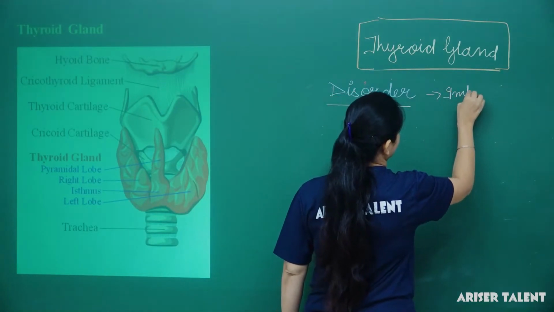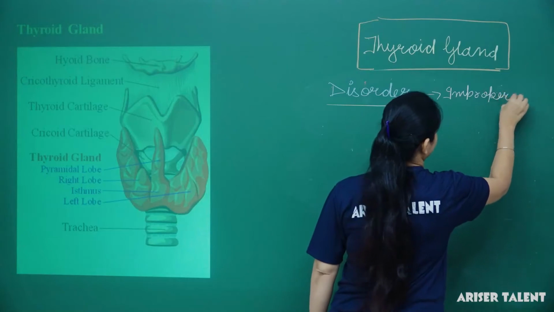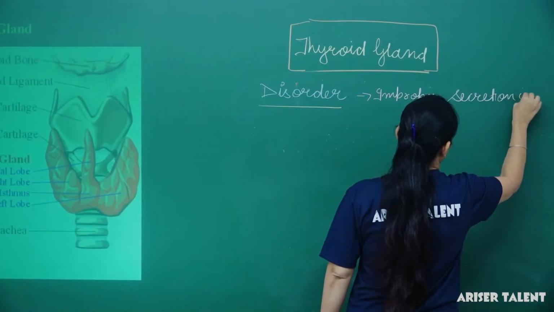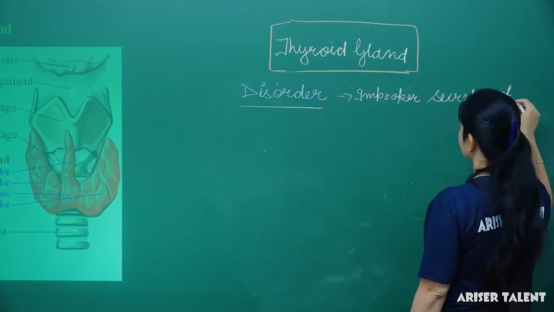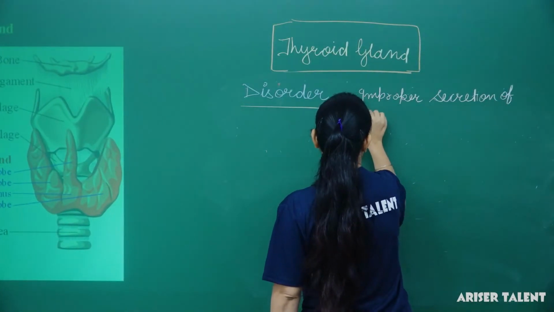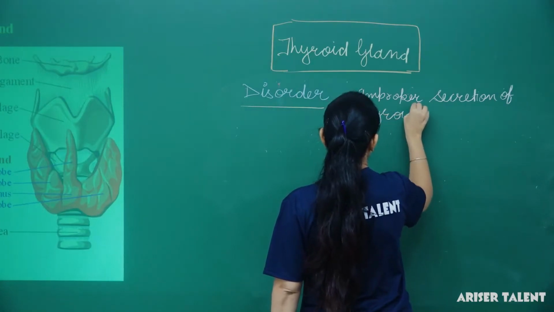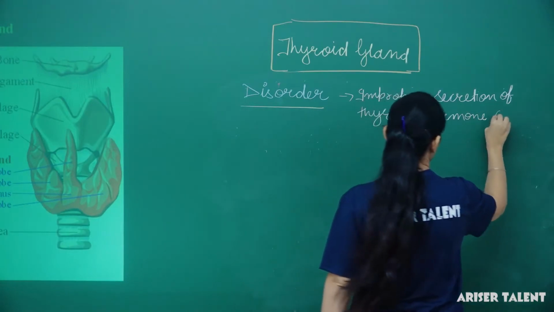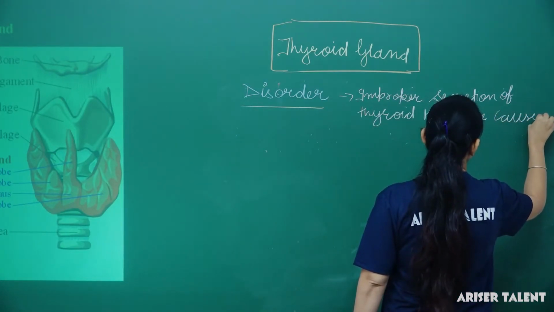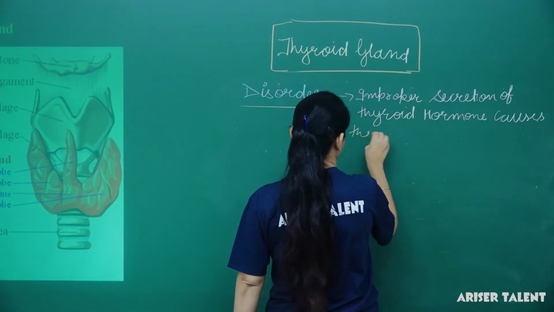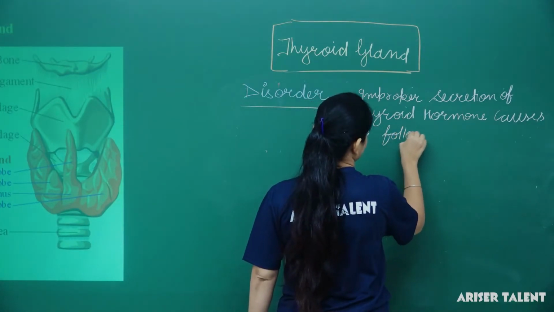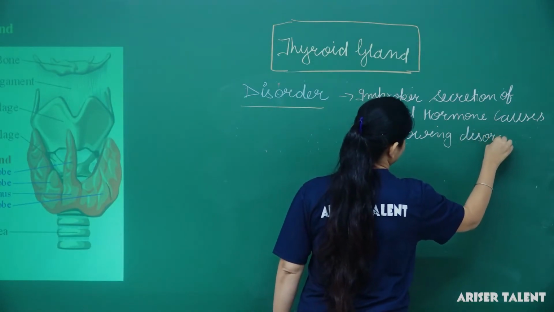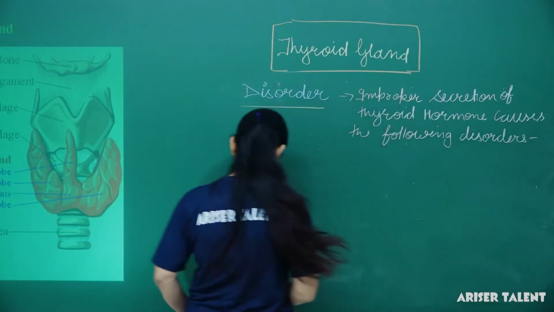Improper secretion of thyroid hormone causes the following disorders. Okay, what are the following disorders?